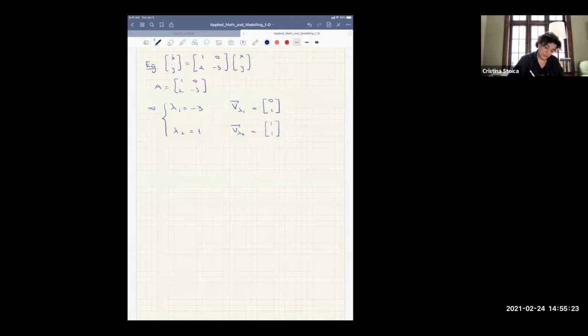All right. So this means that in the UV coordinates, we end up with minus 3, 0, 0, and 1. From where we understand that U of t would be C1 e to the minus 3t, V of t would be C2 e to the t, right?